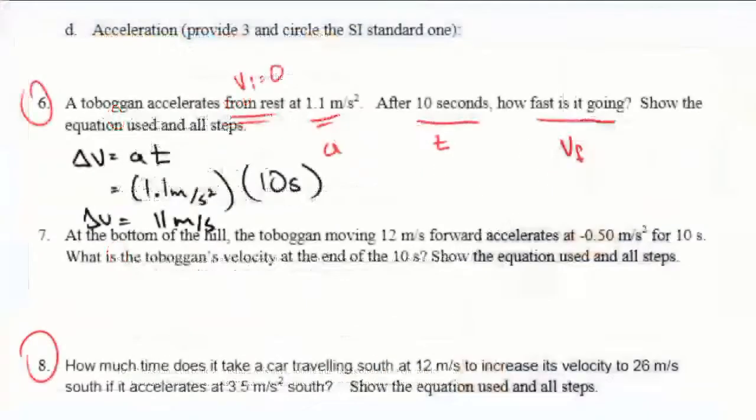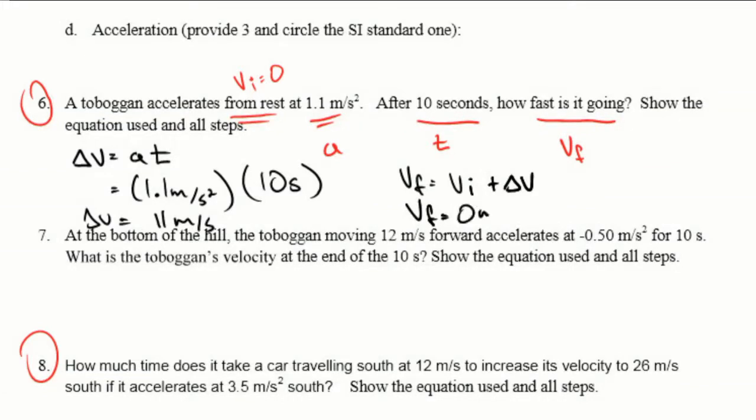So the formula including the final velocity was final velocity is the initial velocity plus the change in velocity. So the final velocity was the initial, which was 0, and the change I just calculated to be 11. Go up here.